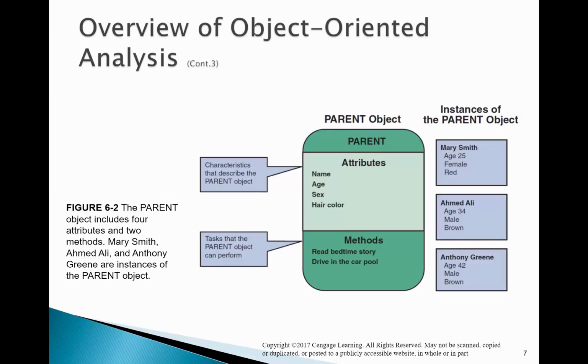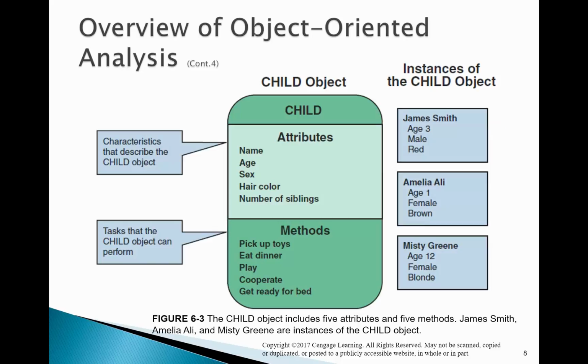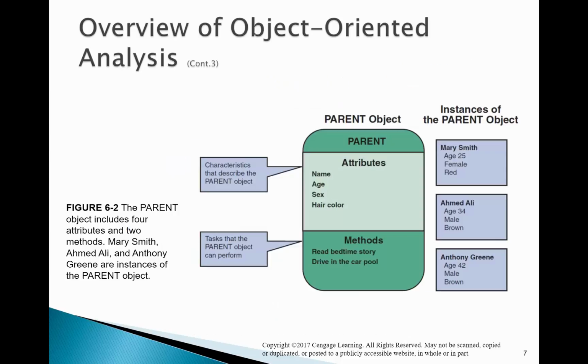I've mentioned parents and children before. Let's take a look at this one more time. The parent object, instances of the parent object, of what happens when this happens. Instances or occurrences are the same, and you have the lady and the two gentlemen up here, and what's going to happen to them.